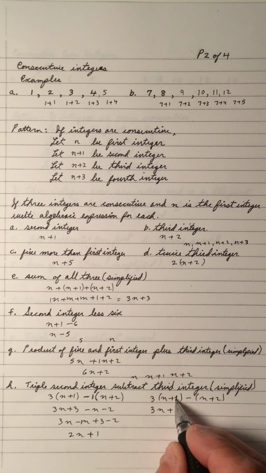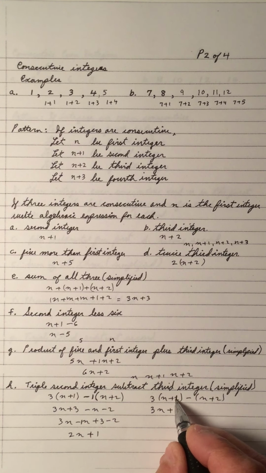Now, if 3 integers are even and n is the first integer, write an algebraic expression for each. So, if they're consecutive even, it's n plus 2, n plus 4, n plus 6, just to keep track. The second one is n plus 2. The third one is n plus 4. 5 subtracted from the first, so reverse it.